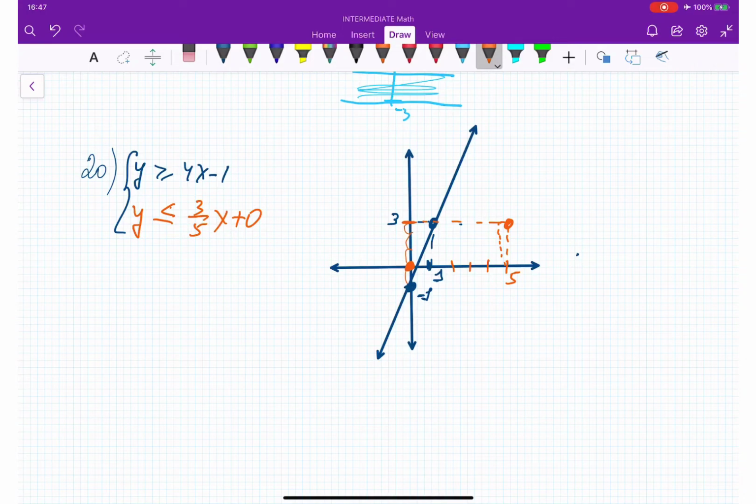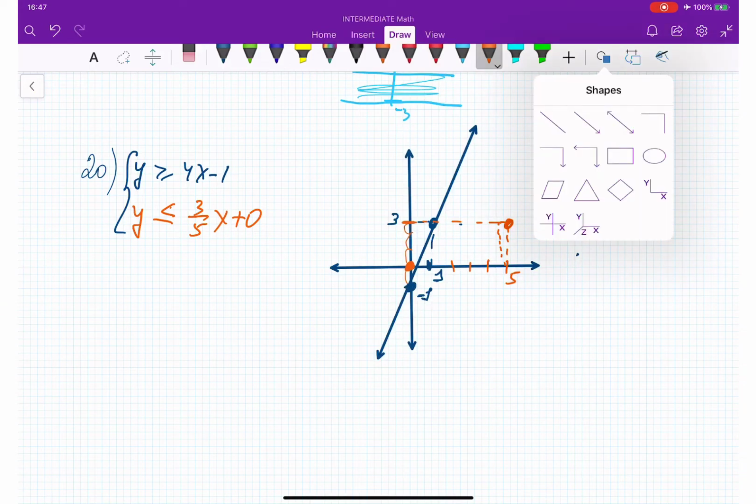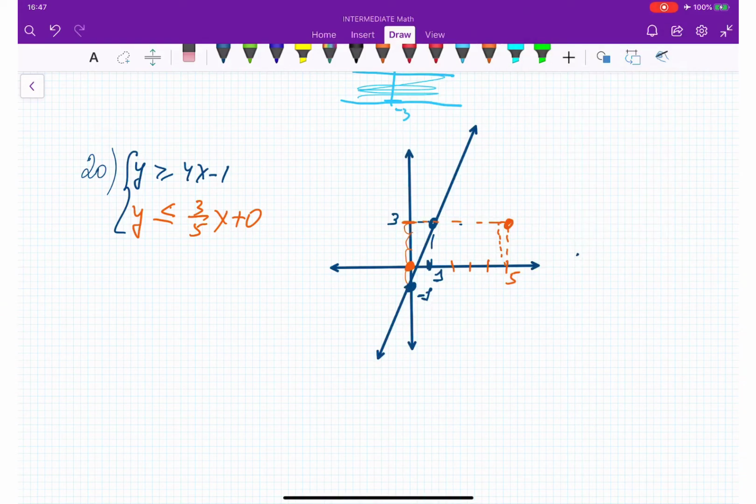So the graph is going to be like this. Now let's look at the shaded area.